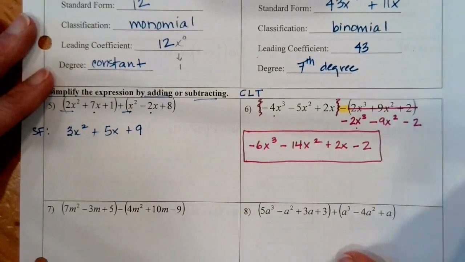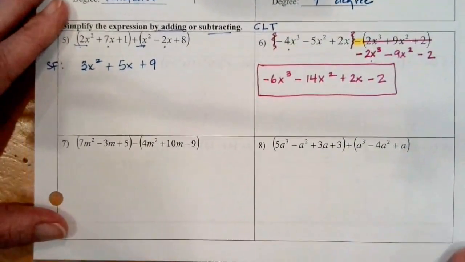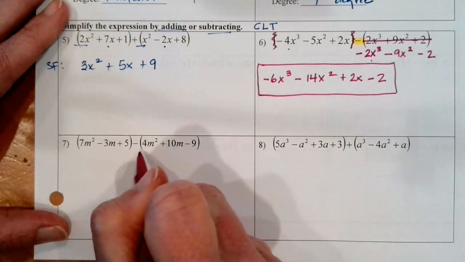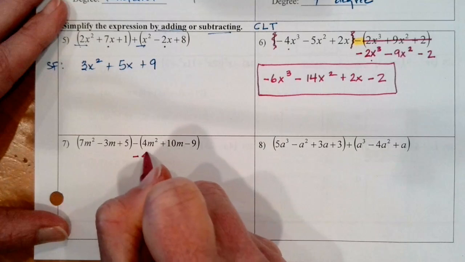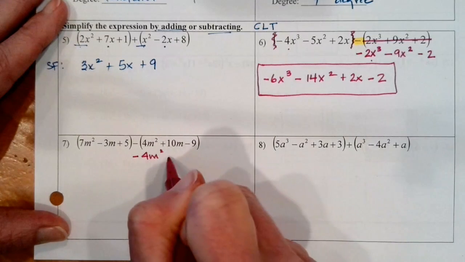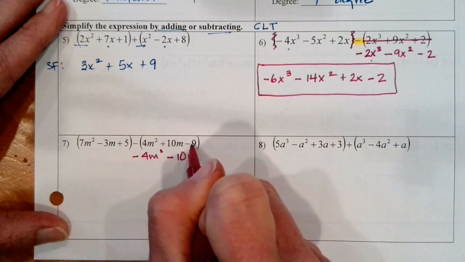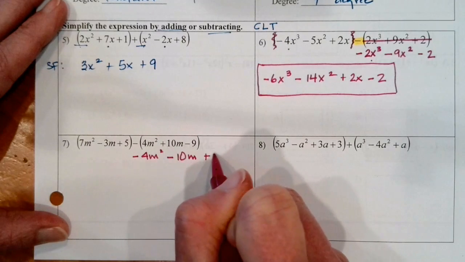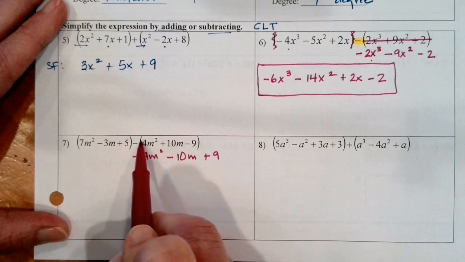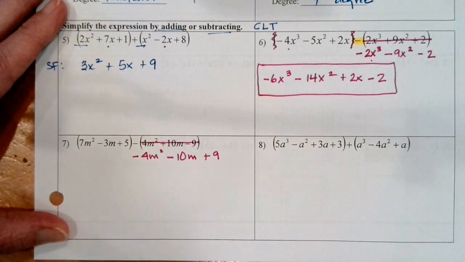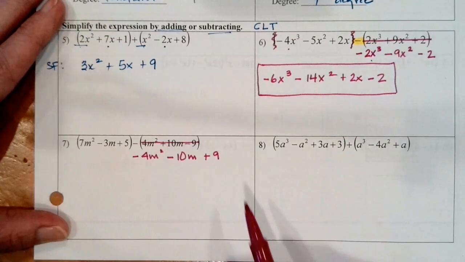All right, let's look at my last 2. Again, with this subtraction, I'm going to take away 4m squareds. I'm going to take away 10m's. And notice when I take away a negative, I wind up adding it. So I distribute that negative to each of my terms.